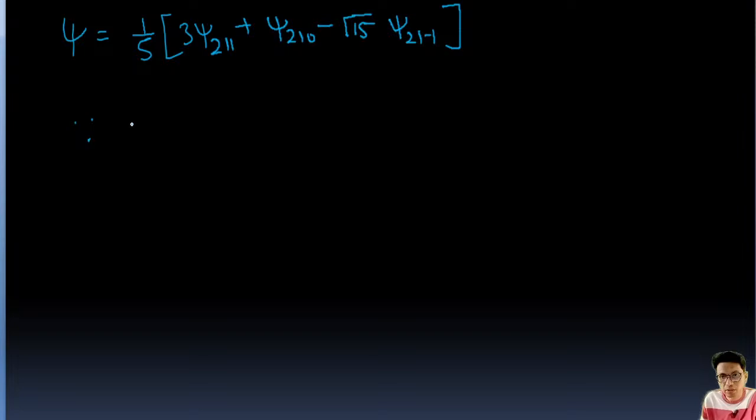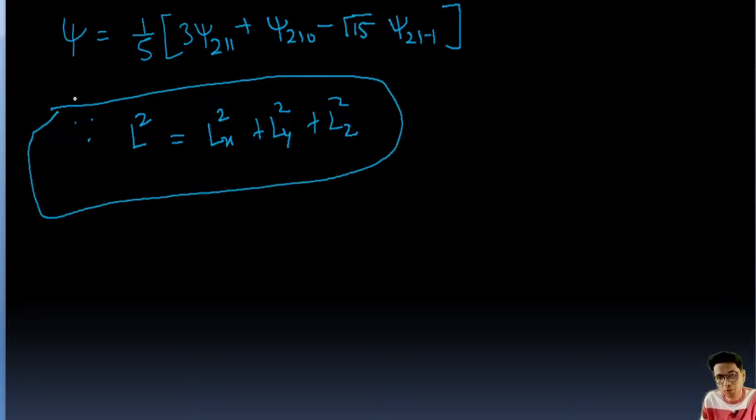And here we know this formula, guys. You need to note down: L square, that is the angular momentum operator, is equal to Lx square plus Ly square plus Lz square, right? Very important, note it down. From here we get Lx square plus Ly square is L square minus Lz square.